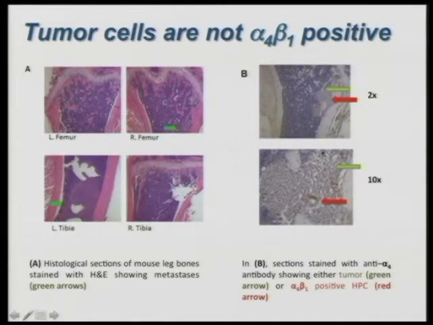If we take the bones out and do the histological validation, we see that the anti-alpha-4 antibody stain is actually in cells that are not tumor cells. So there are other types of cells, which we are assuming are bone marrow-derived cells, hopefully the hematopoietic progenitor cells.